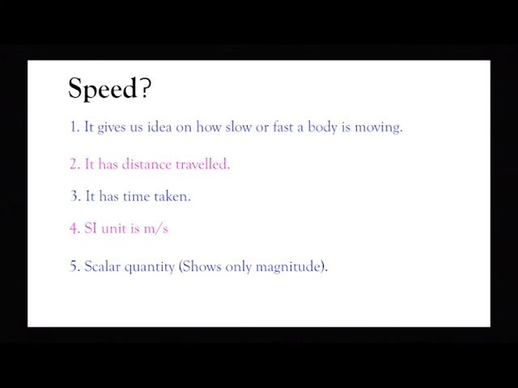The SI unit for speed is meter per second, and the fifth one, which is quite important, is speed is a scalar quantity. I'm sure you have learned what is scalar quantity and vector quantity. So if you have forgotten, scalar quantity means it shows only magnitude and no direction.